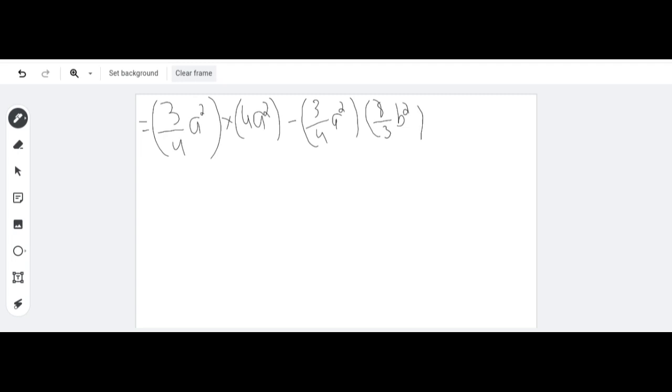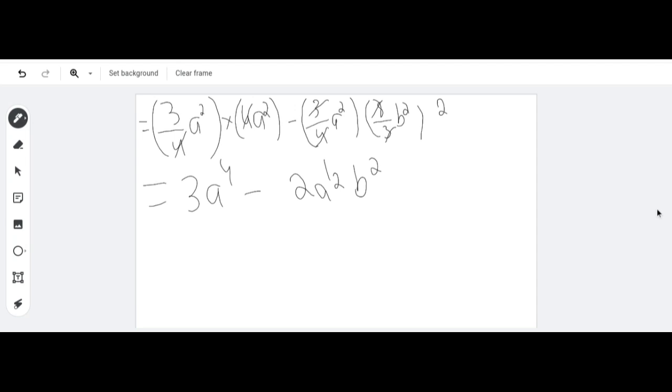This is how you have to solve this. Now here 4 and 4 are cancelled. I got 3a power 4. And in this, 3 and 3 cancel. 4 ones are 4, 4 twos are 8. I hope you are listening. Yes, ma'am. 2 into a square b square. Now this is for the first expression. Understood? Yes, ma'am. Any other question? No, ma'am.